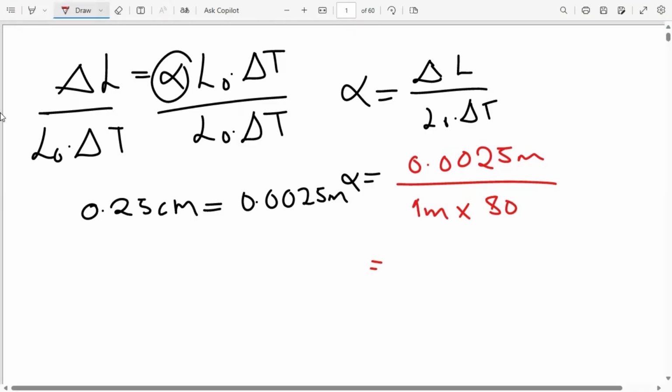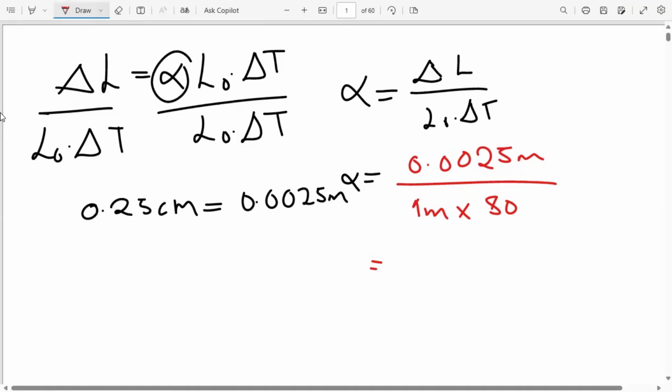0.0025 divided by 80. Let me just plug it in.